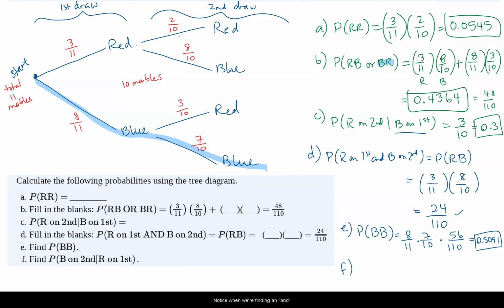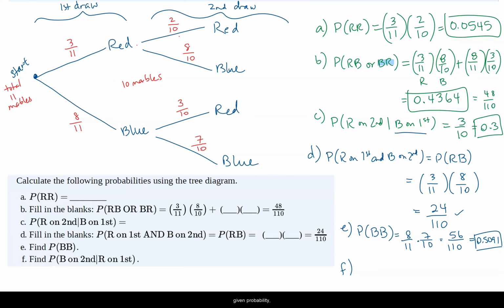Notice when we're finding an and probability, we're multiplying the 2 branches together. We're multiplying one blue branch times the second blue branch that's adjacent or coming off of that first blue branch. Or in the case of part D, we're multiplying the red on first 3/11 times the blue probability 8/10 on that same branch.